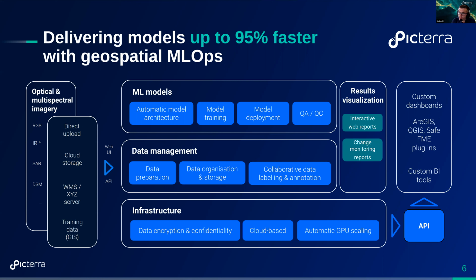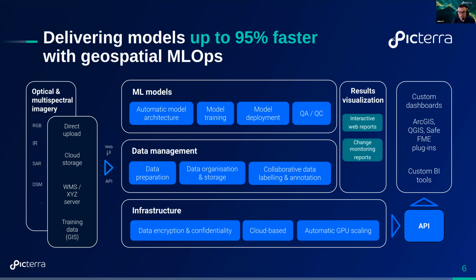So if you have infrared, multispectral, hyperspectral, SAR, elevation data and whatnot, as long as you can represent it as an image, you can put it on Picterra and we can connect to it. We also support connecting to different kinds of data storage, and I will go a bit more into this during the demo. But we really try to be able to ingest any kind of geospatial imagery data.